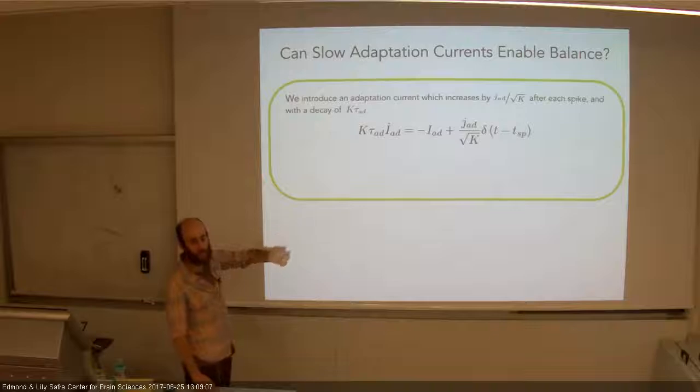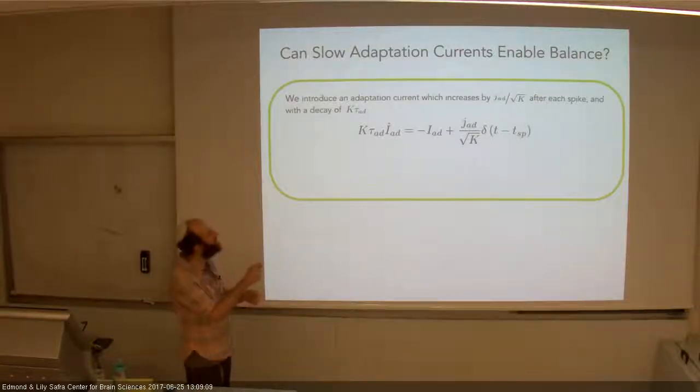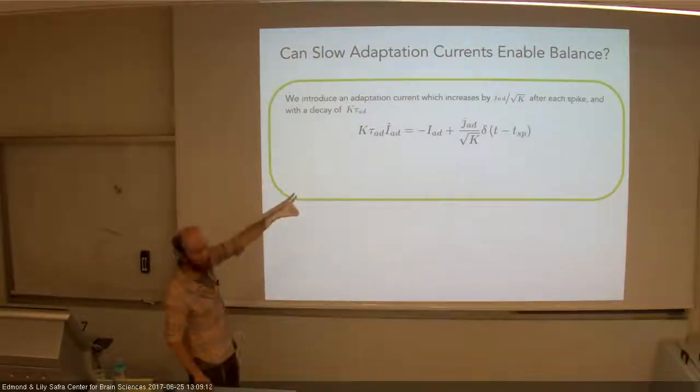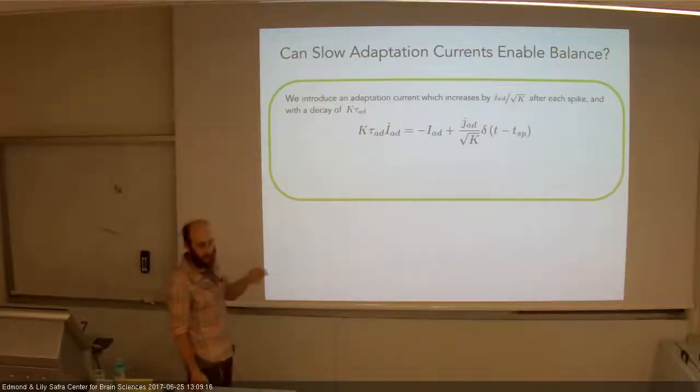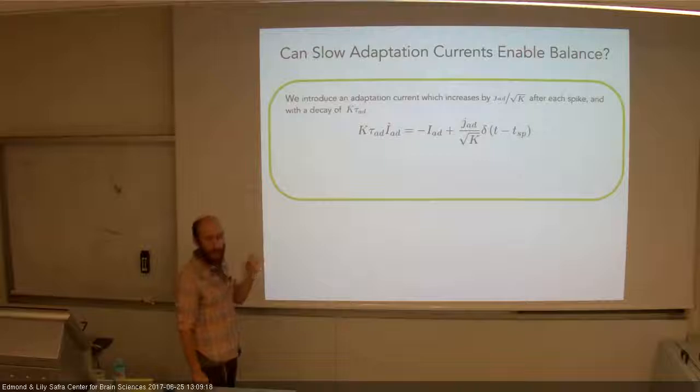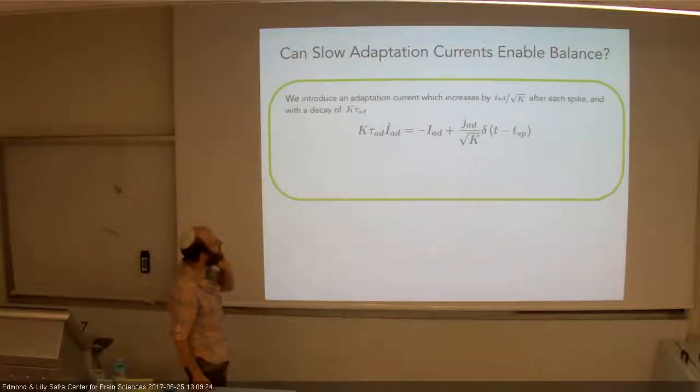After every spike, we have a pulse up and then an exponential decay, and the time scale of the exponential we model as K tau, with tau on the order of magnitude of the synapses, about 1 to 2 milliseconds, and K the number of connections. This gives us the adaptation time in our model and simulations.